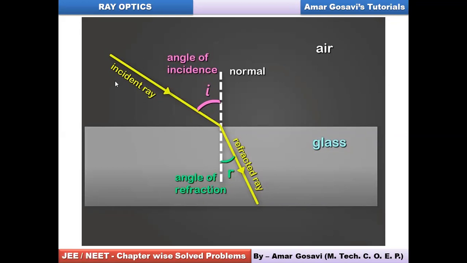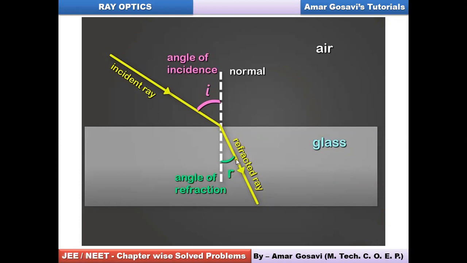So, whenever you can see a ray of light which is moving from a rarer medium to a denser medium, it will bend towards the normal. So this is the refracted ray, this is the incident ray, and this is the normal. It is bending towards the normal. Always remember, whenever a ray of light moves from a rarer medium to a denser medium, the ray of light will bend towards the normal.